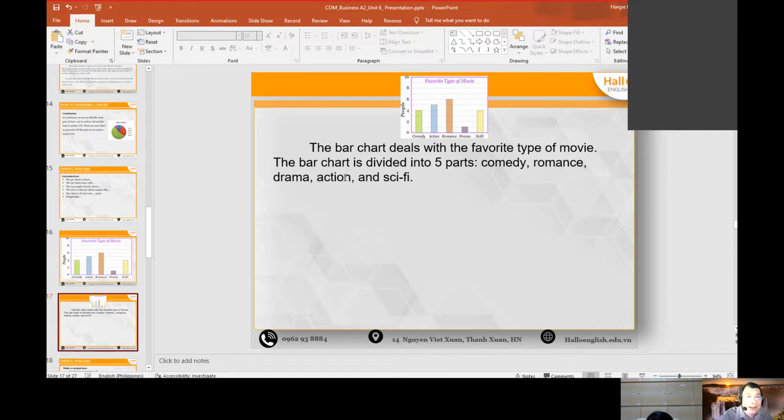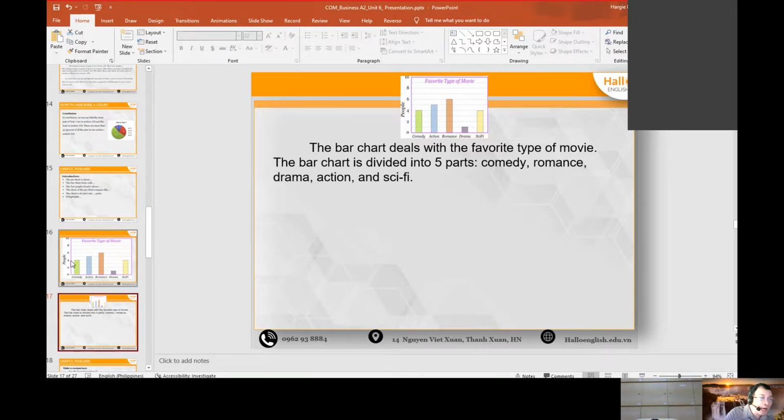The bar chart is divided into 5 parts: comedy, romance, drama, action, and sci-fi. Okay. So this would be our introduction now.